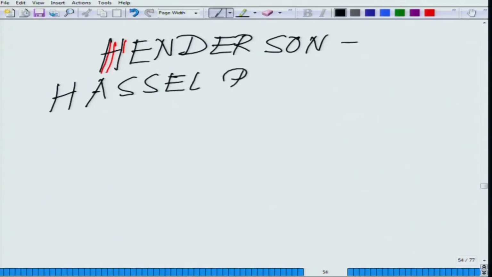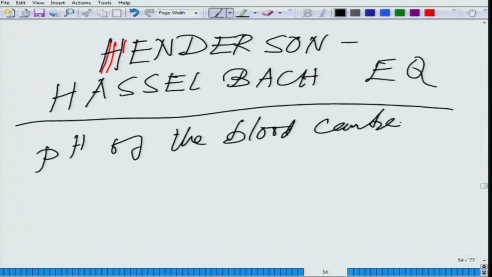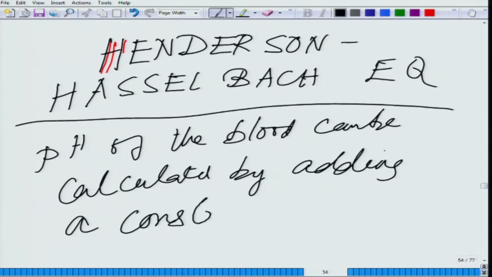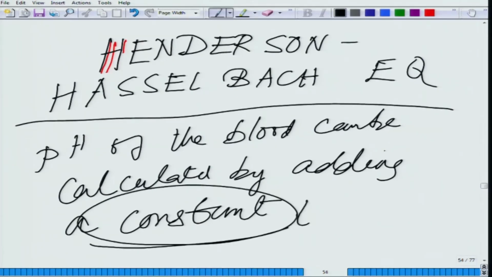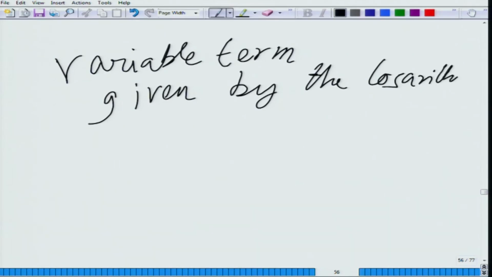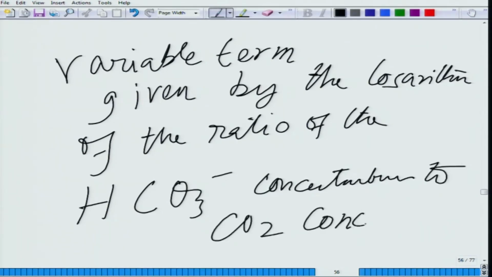Okay. Basically, using the Henderson-Hasselbalch equation, we can formulate that the pH of the blood can be calculated by adding a constant term, so remember this, adding a constant term to a variable term given by the logarithm of the ratio of the HCO3 minus concentration to the CO2 concentration.